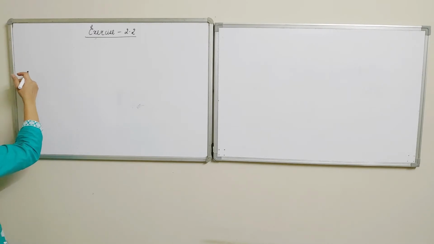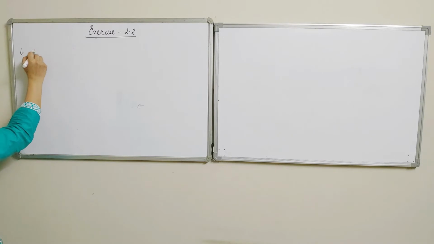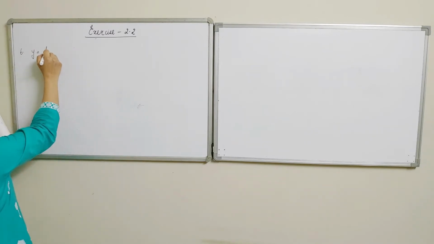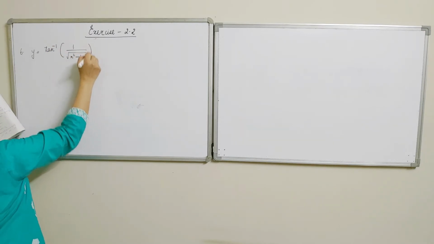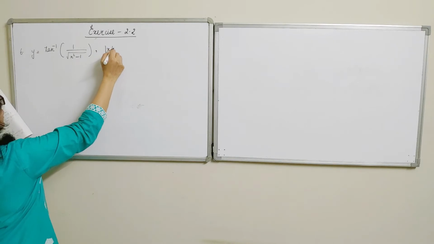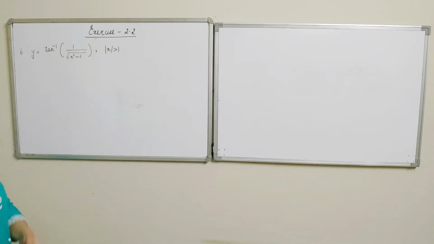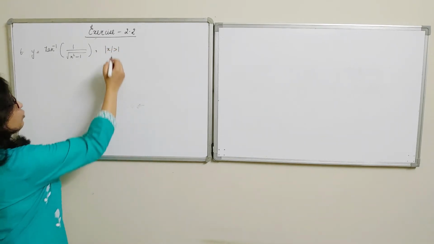So next we are trying out question number 6. y is tan inverse 1 upon under root x square minus 1, mod x is greater than 1. So what does mod x greater than 1 mean?